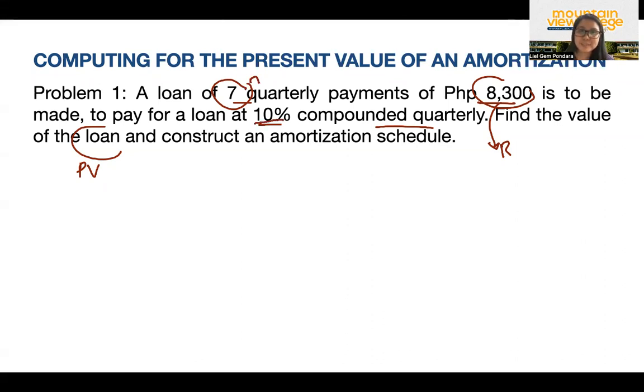Next, it's a 10%. That is our J, compounded quarterly. So what is our I? What is our periodic interest? That will be 0.10 divided by 4, which is 0.025, or 2.5%.